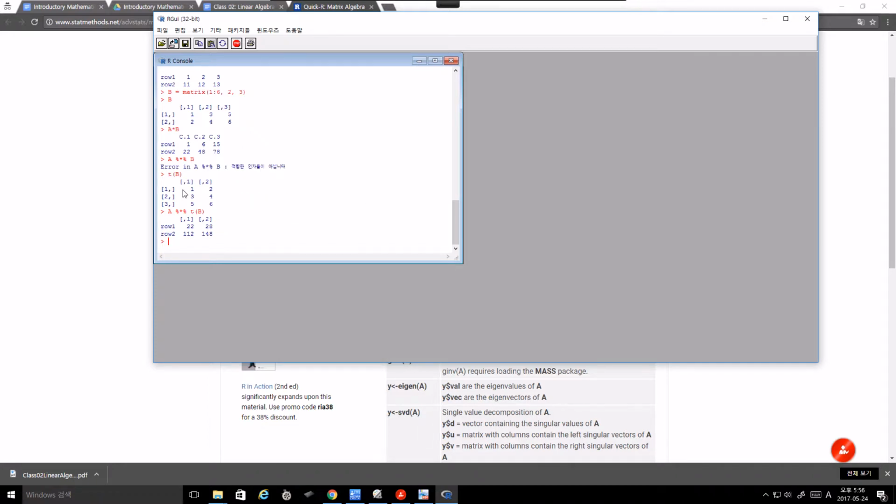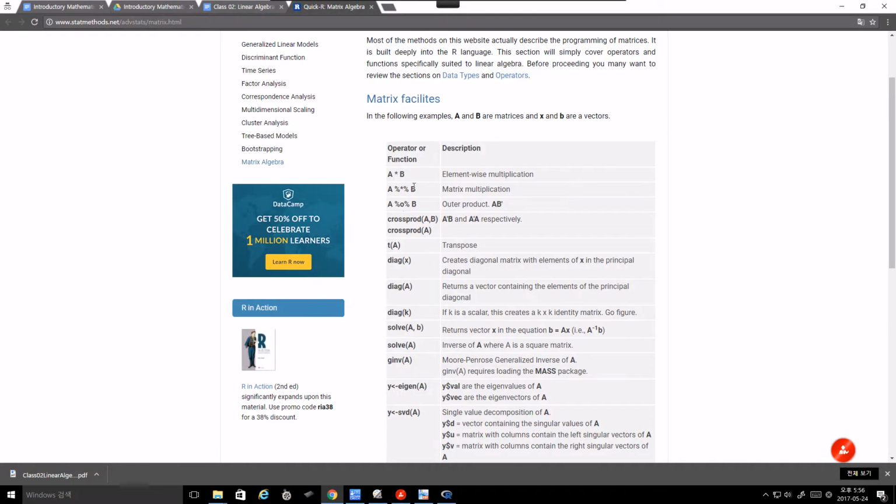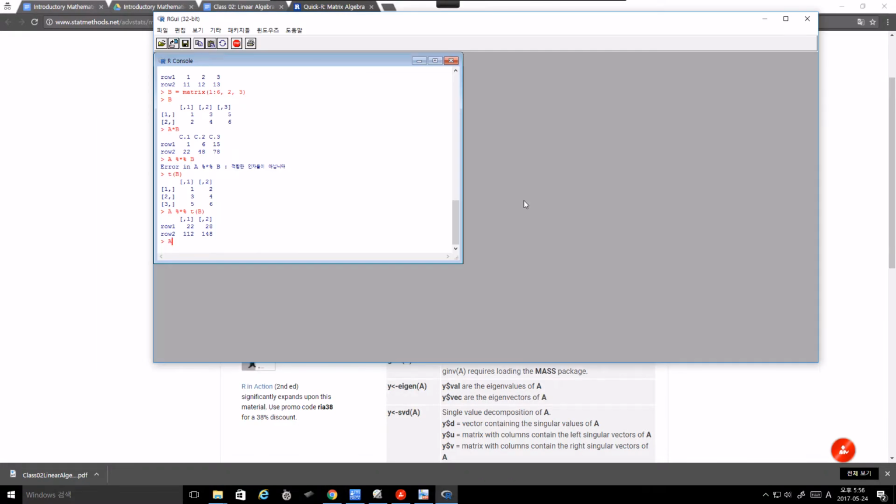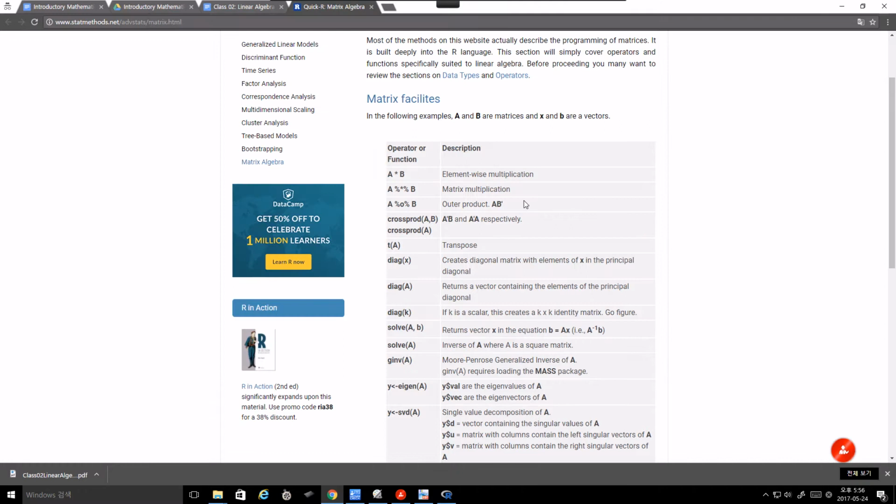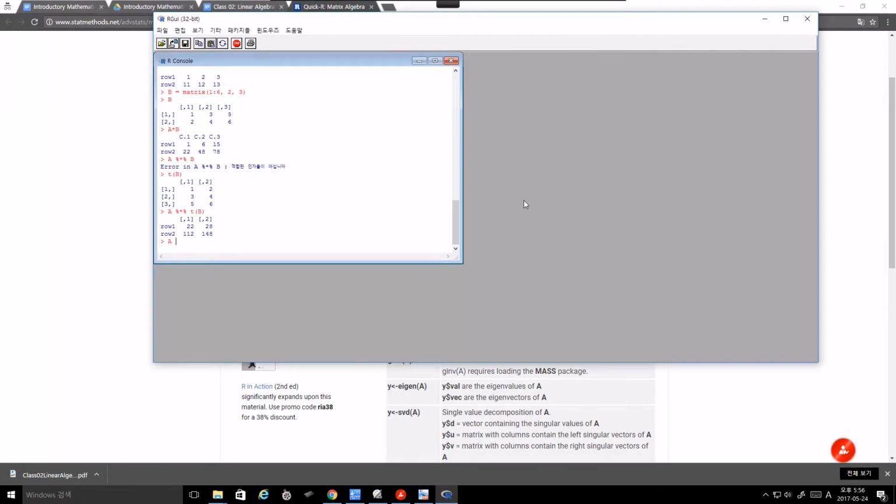Right? Transpose of B is a 3 by 2 matrix, A is a 2 by 3 matrix. So A multiplied by the transpose of B should work. And this is the outer product. So let's say A, and then in this case actually we can do t(A), and then B. There is the outer product.